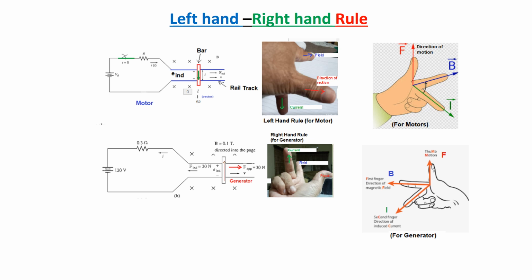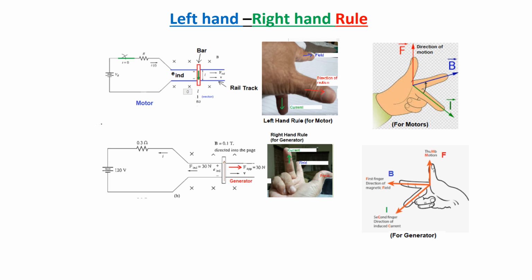My finger is towards the field inside the screen, and my thumb is pointing the force, so it is pulled towards the right, and therefore the middle finger is showing the direction of current. So this is how the current will flow when the force is applied towards the right hand side.